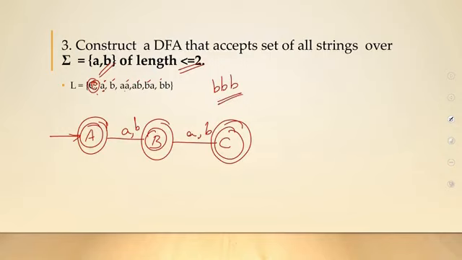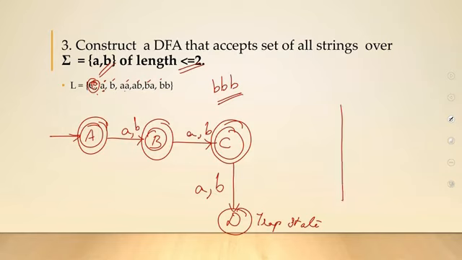After encountering the first two things, where do you need to go? Obviously you will go to a trap state. Be it A or be it B, you will be going onto a trap state.